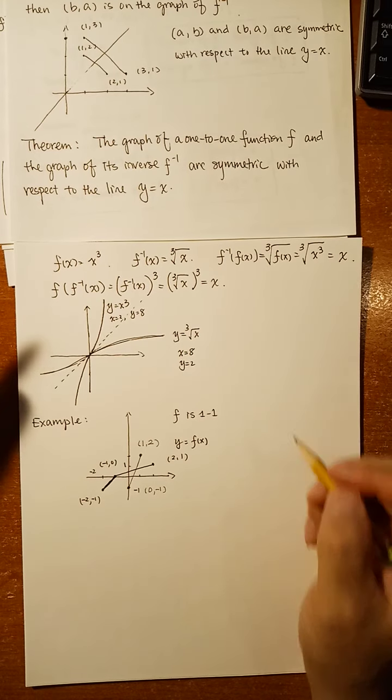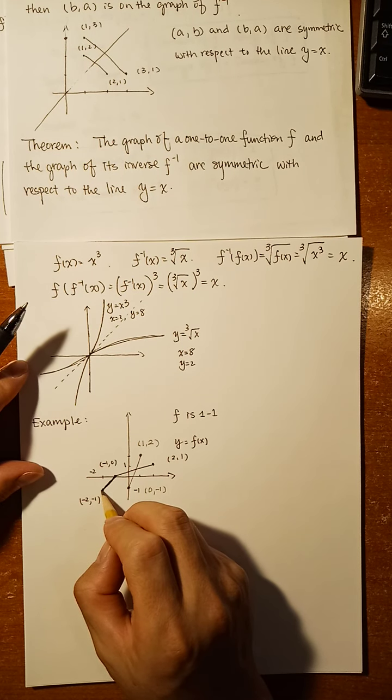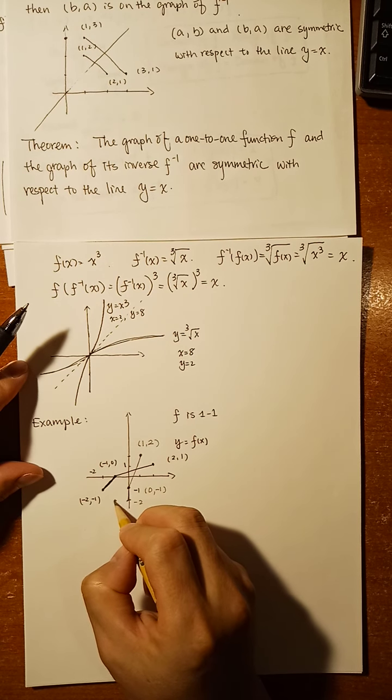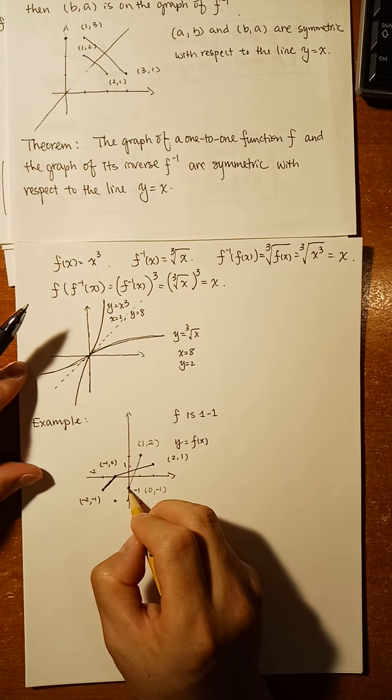Okay? And then from here you have -2, -1. Its symmetric image will be -1, -2. And this point is a symmetric image of this point. So you just connect them.